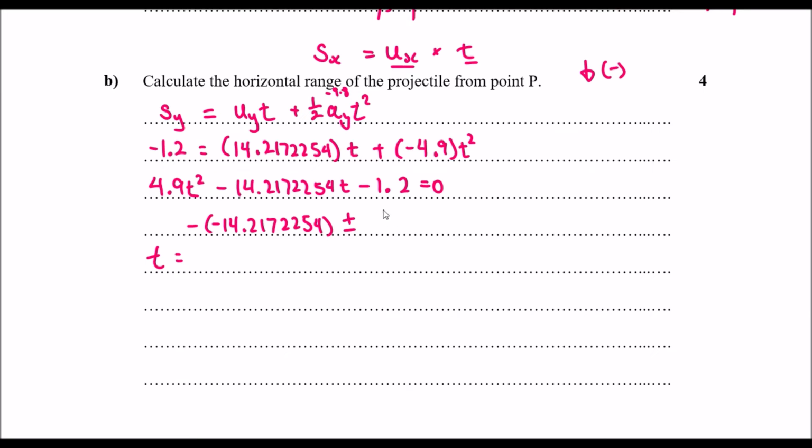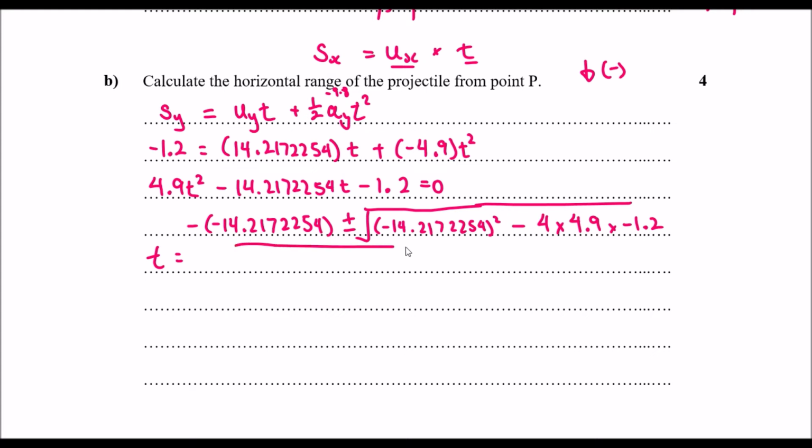Plus or minus, sorry, our value again of b, which in this case is 14. So there we have that. Squared subtracted by 4 multiplied by 4.9 multiplied by negative 1.2. That is then divided by 2 multiplied by 4.9.